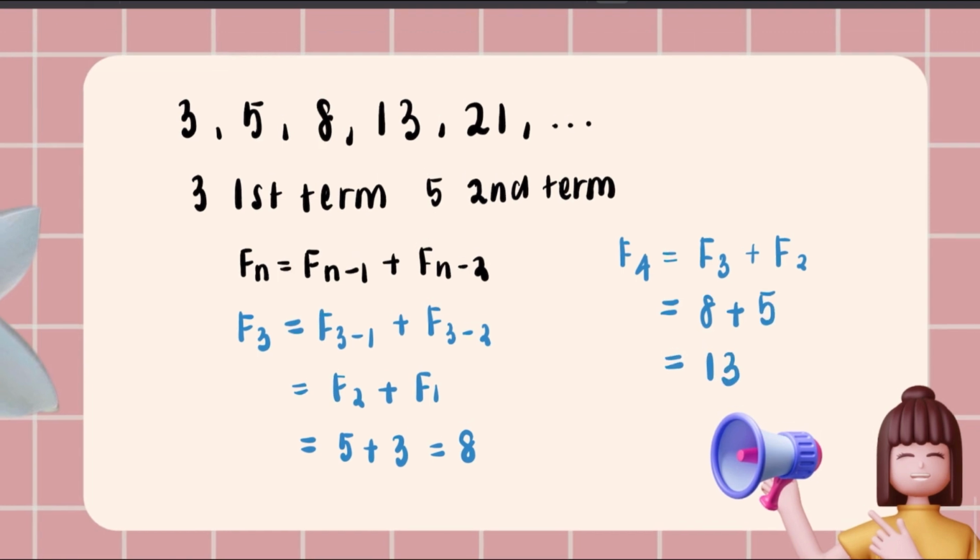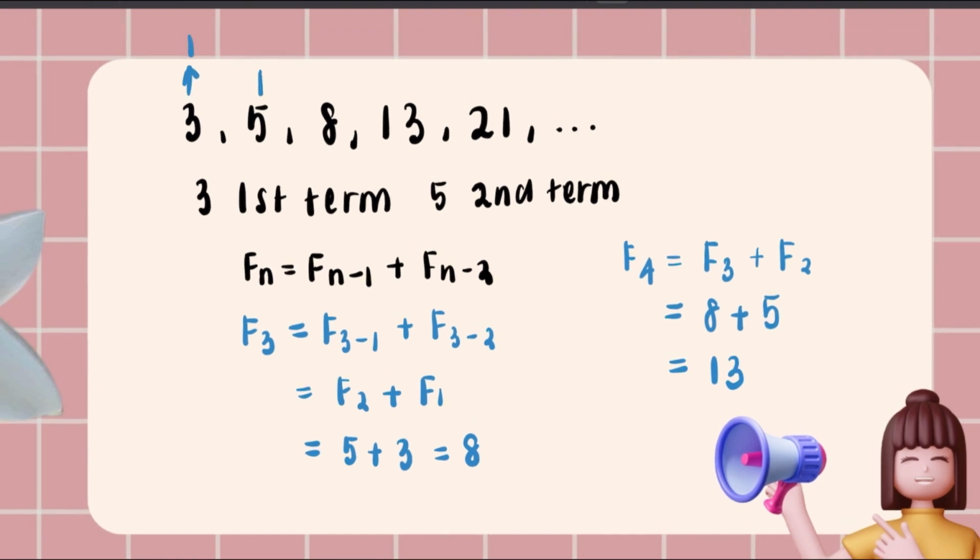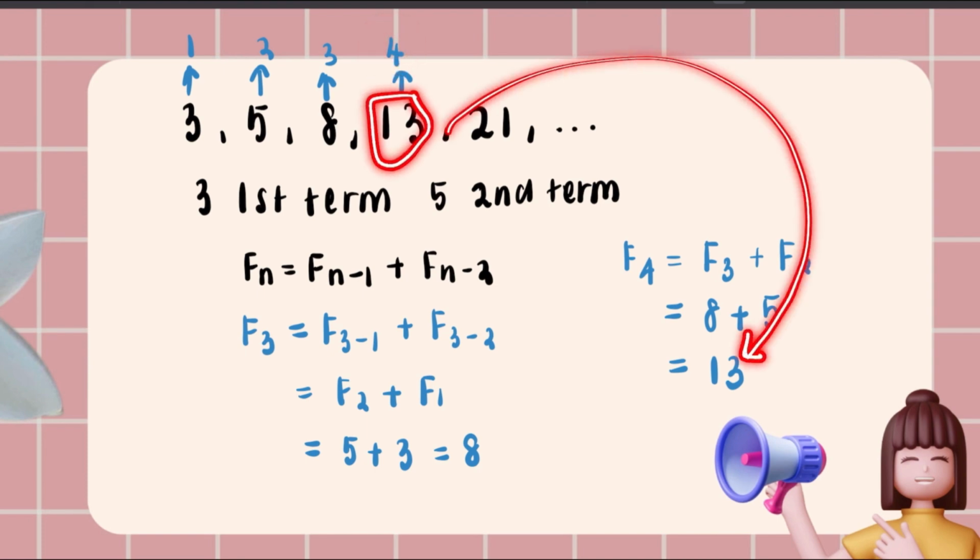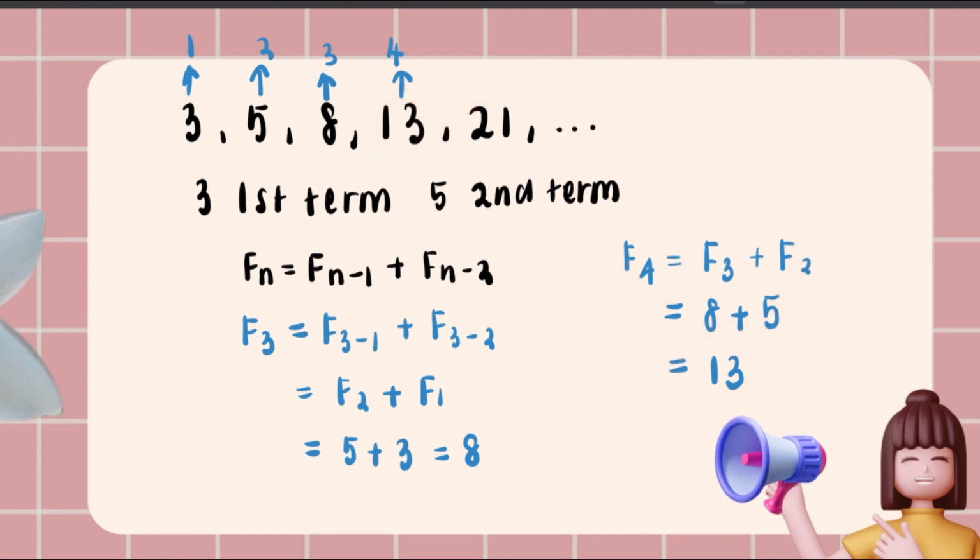So based on our sequence, this is our first term, this is our second term, this is our third term, this is our fourth term. So our fourth term is 13. It's the same as the 13 we got here. So the 13 here is F4, the fourth term. So it is shown that these petal sequences are actually an application of Fibonacci numbers.